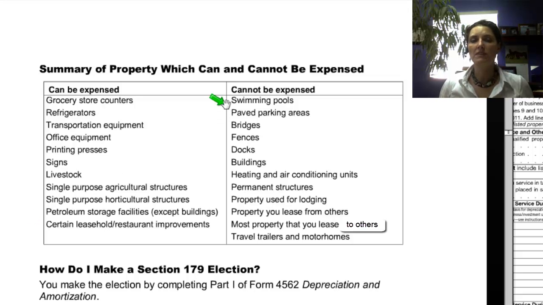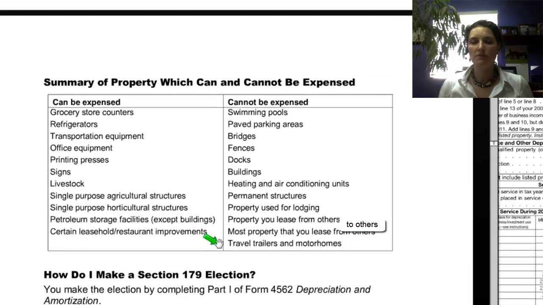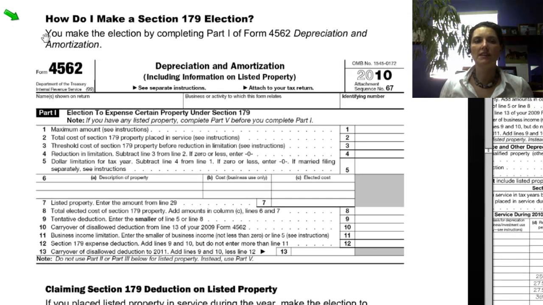What cannot be expensed? Well, swimming pools, paved parking lots, bridges, fences, docks, buildings, heating and air conditioning units, permanent structures, property used for lodging, property you lease from others, most property that you lease to others, and travel trailers and motorhomes.